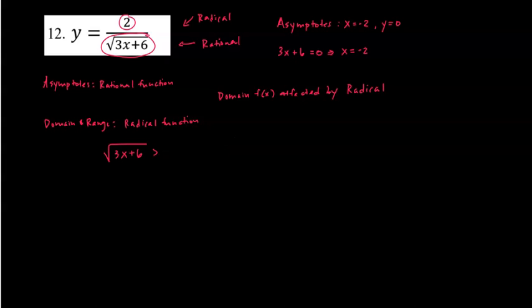So we know that it has to be greater than 0. So let's go ahead and solve it. We already did. So x has to be greater than -2. So the domain starts at -2 and goes to positive infinity.